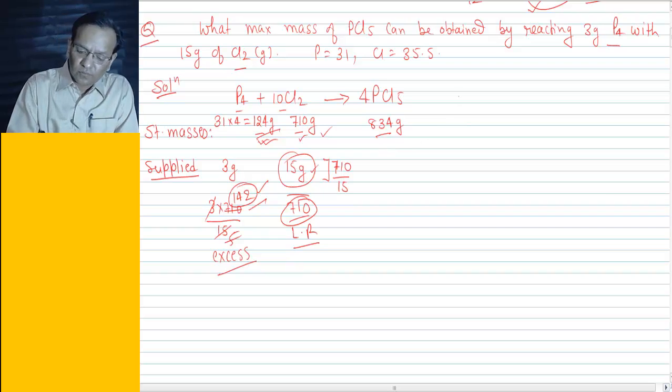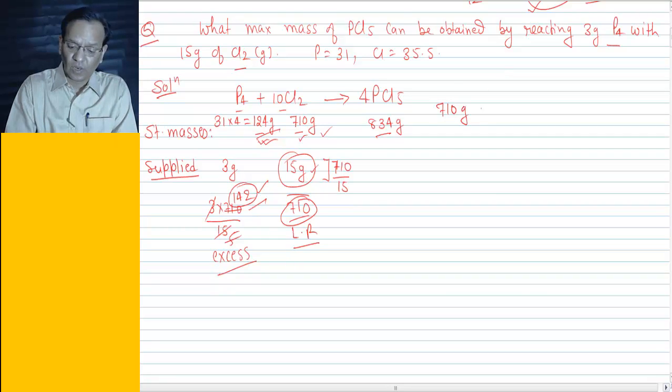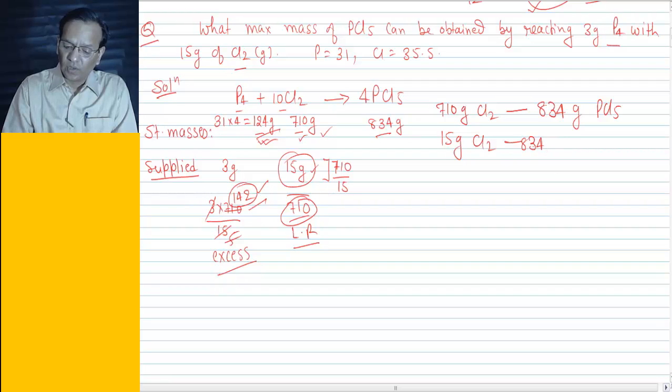Now calculate: 710 gram of chlorine gives 834 gram of PCl5. So 15 gram will give 834 upon 710 into 15.